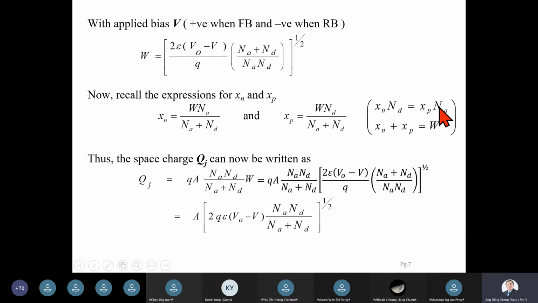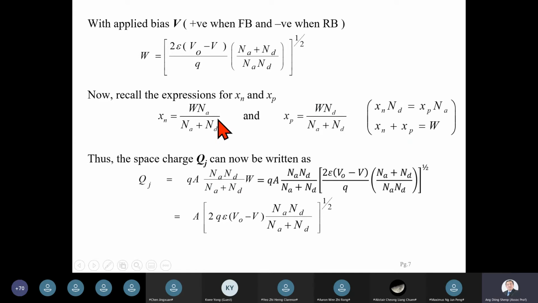So by solving these two simultaneous equations, you can obtain Xn and Xp in terms of W. And W, the depletion width, can in turn be related to the voltage applied across the PN junction and the rest of the doping terms and the built-in voltage according to this expression. Epsilon is the permittivity of the semiconductor. Now, with that, we can use either Xn or Xp. So in this example here, I think I have chosen to use Xn.